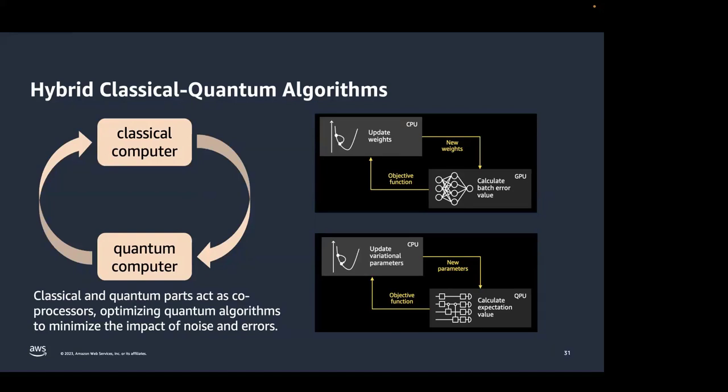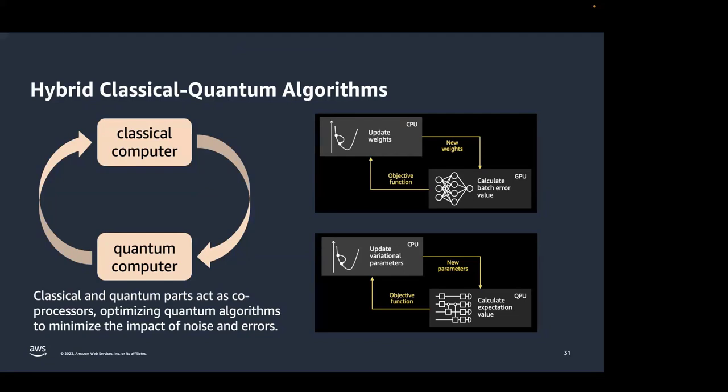At this moment, since the quantum devices that we have are limited in their capacity and in their quality, hybrid classical quantum algorithms are our best bet to explore any potential quantum advantage, right?